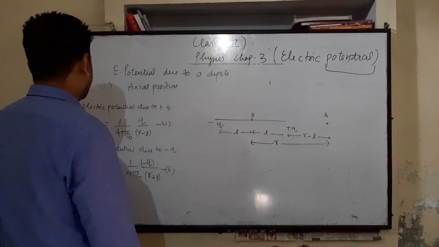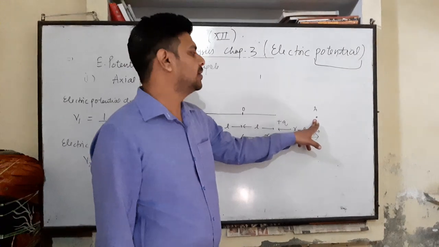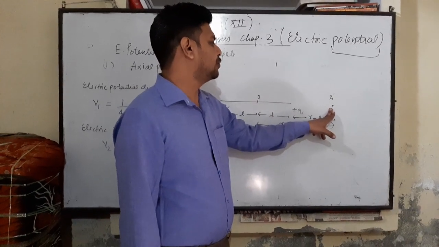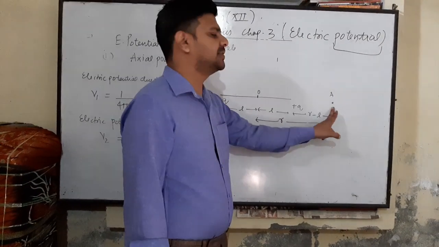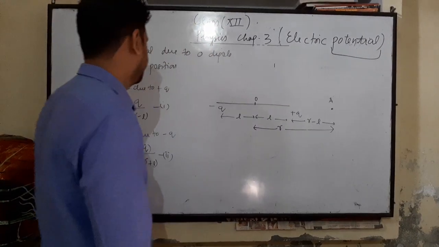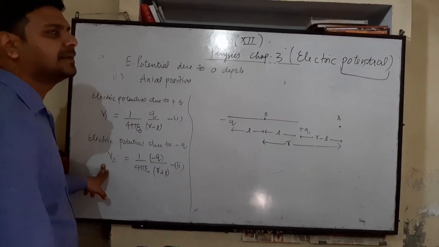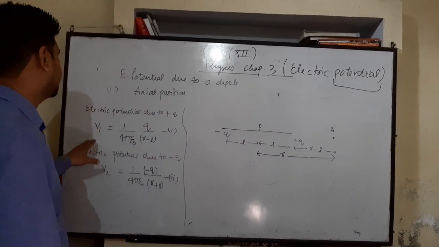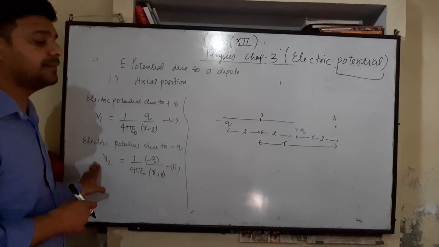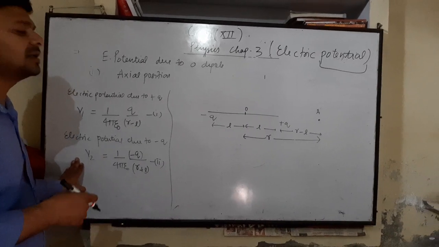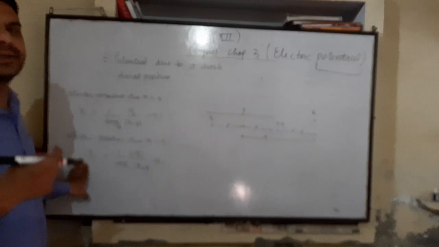Now, electric potential is a scalar quantity. So, if we want to find the net potential due to this dipole at this point, we have to add V1 and V2 algebraically. Oh, sorry, it is a scalar quantity, and the resultant of scalars is given by simply the algebraic sum.